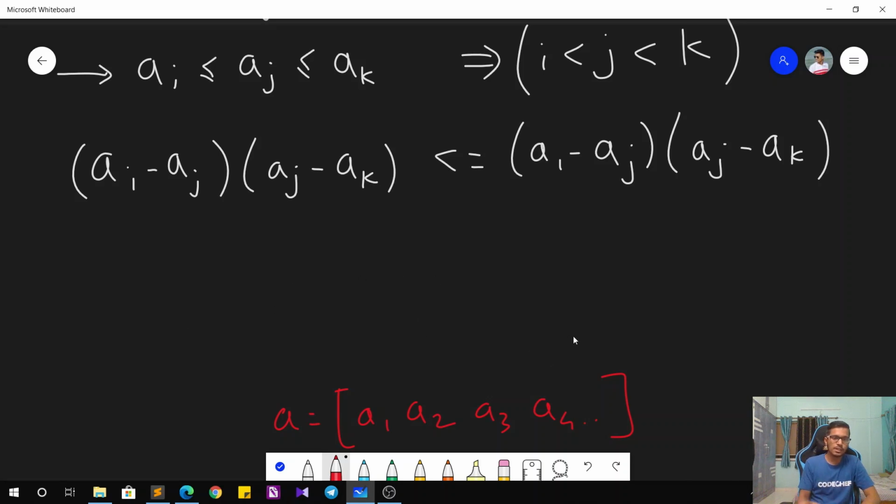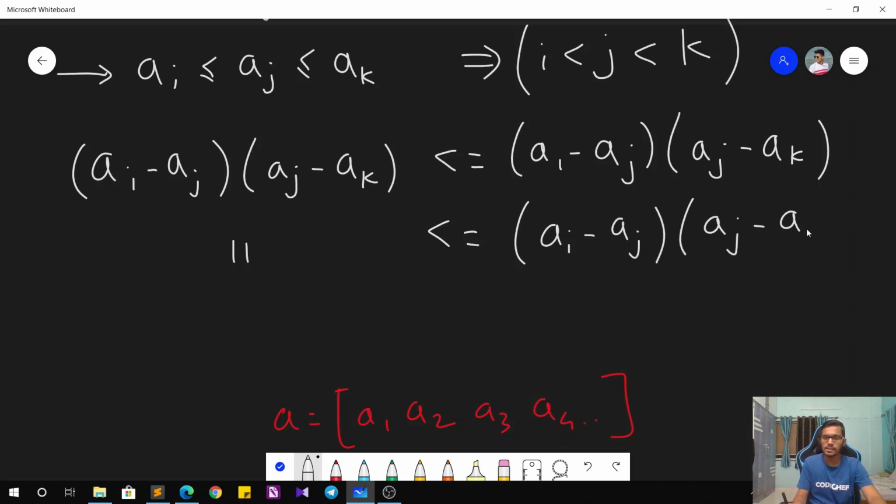Also, if you see, the other one is also going to be true. That is, the same expression is also going to be less than or equal to AI minus AJ and AJ minus AN, because of the extreme elements in the sorted array.